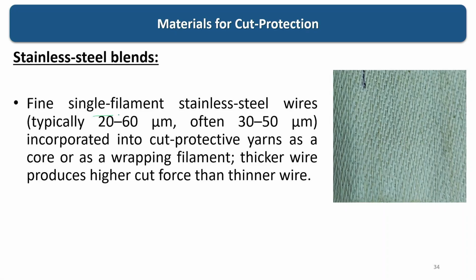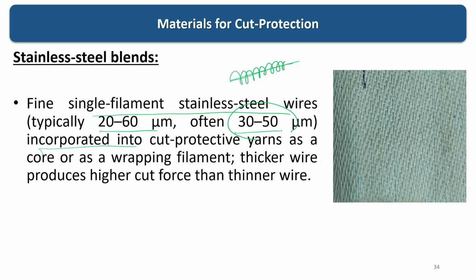It is fine single filament stainless steel wire, typically 20 to 60 microns, generally 30 to 50 microns, but the main problem here is comfort. Here we can use it in the core, but in the sheath we can use other fibers. The combinations we can use, we will discuss in detail.